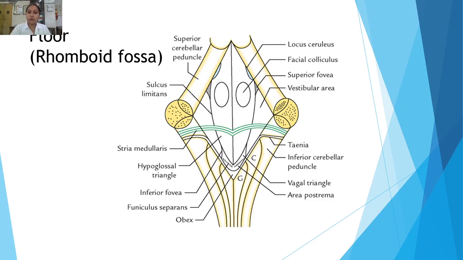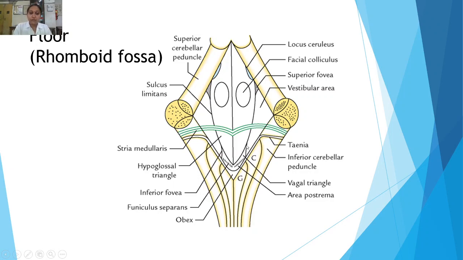They turn around the abducent nucleus and then emerge on the surface. So this internal genu in the cut section of pons gives on the surface a projection known as the facial colliculus. This is the facial colliculus situated on the dorsal surface of the pons, at the level of the superior fovea.